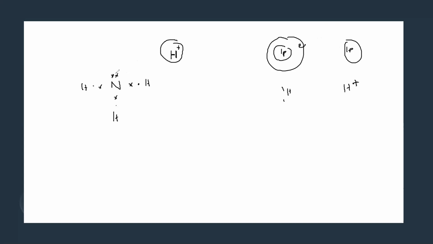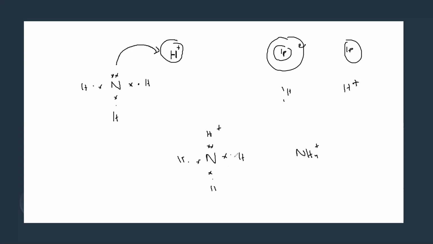Due to this, the hydrogen, which does not have any electron, is attracted towards the lone pair and will adjust within the structure, and this is the ammonium ion.